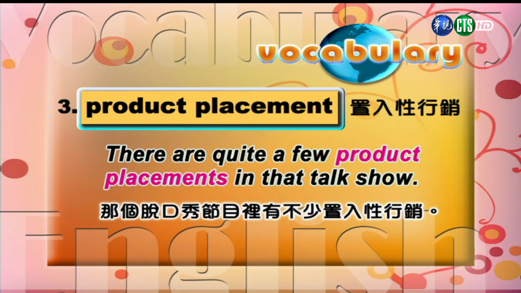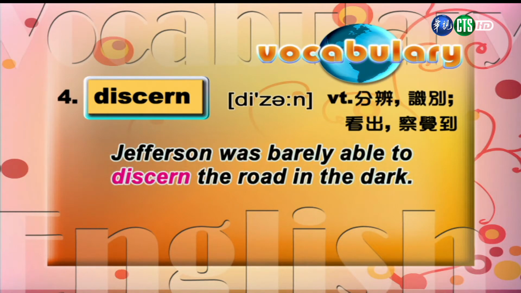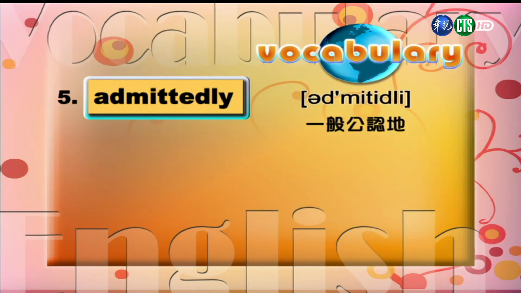Number 4, discern, verb, meaning to distinguish or detect. Jefferson was barely able to discern the road in the dark. Number 5, admittedly, adverb, meaning generally acknowledged.